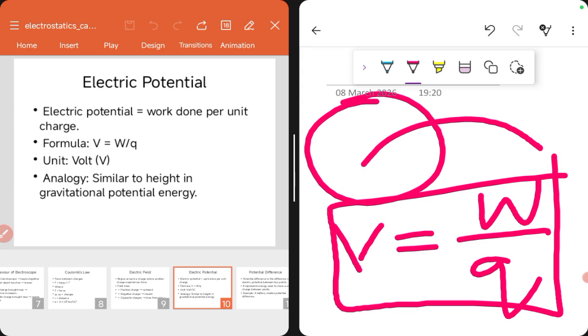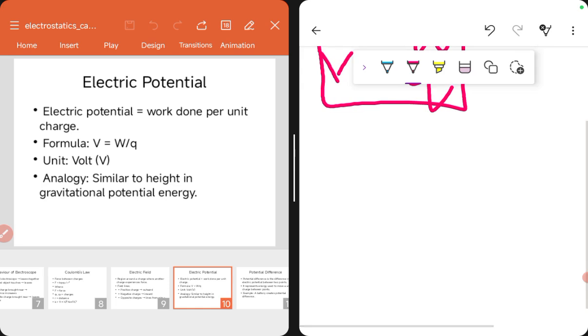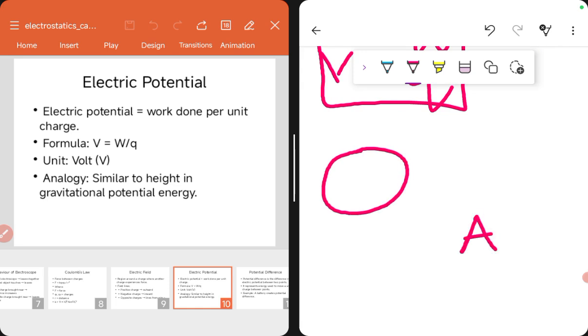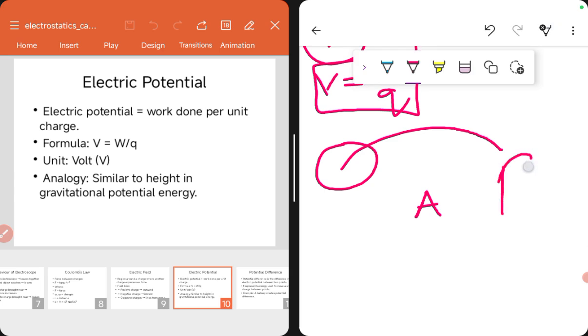Now, that's where we get the term potential difference. It is the difference in potential between two points. Remember, electric potential is the work done in bringing a unit positive charge from infinity towards a point. Let's say this is point A. Now, it will take a higher potential to move it from infinity to another point, which is point B. So between A and B, there is what is called a potential difference.